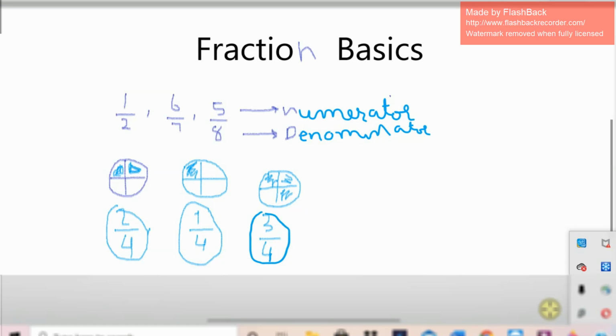Further, we will try to do some addition and subtraction.